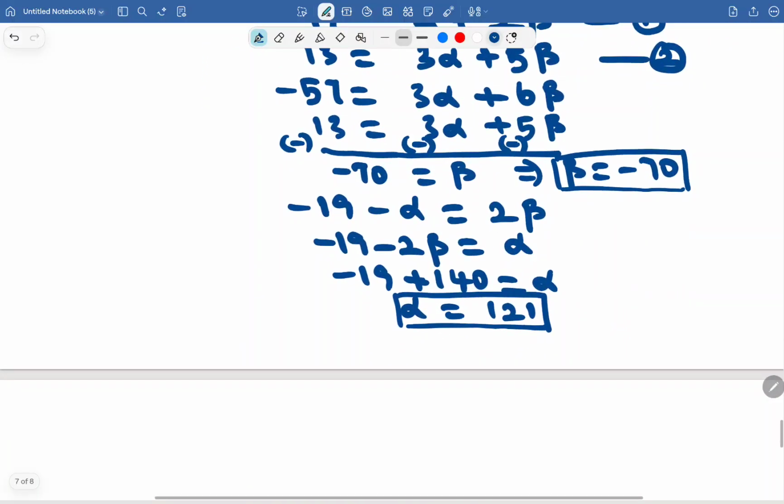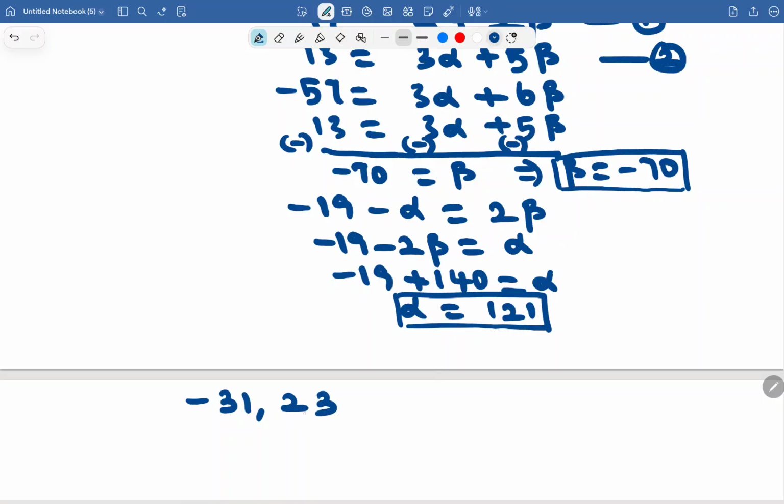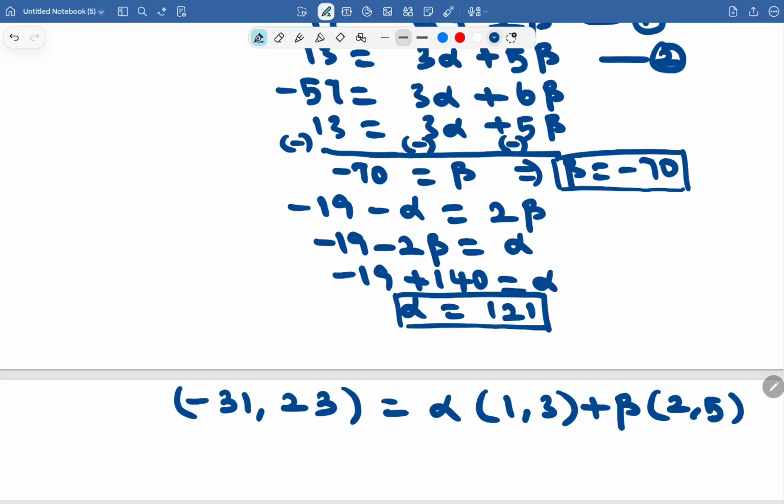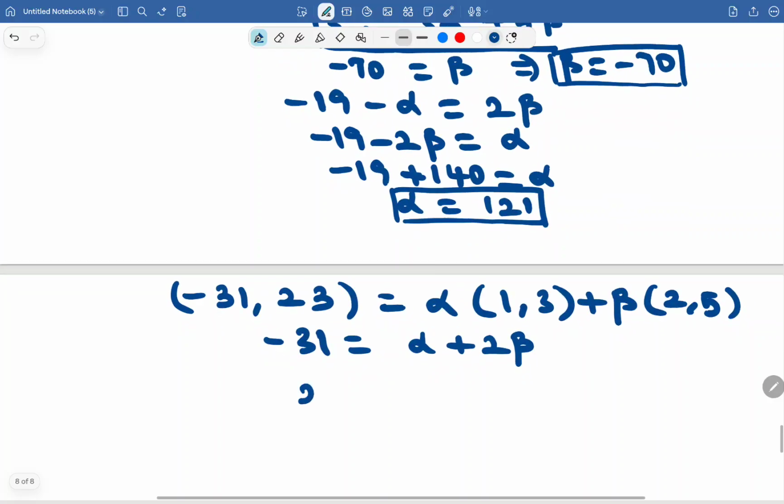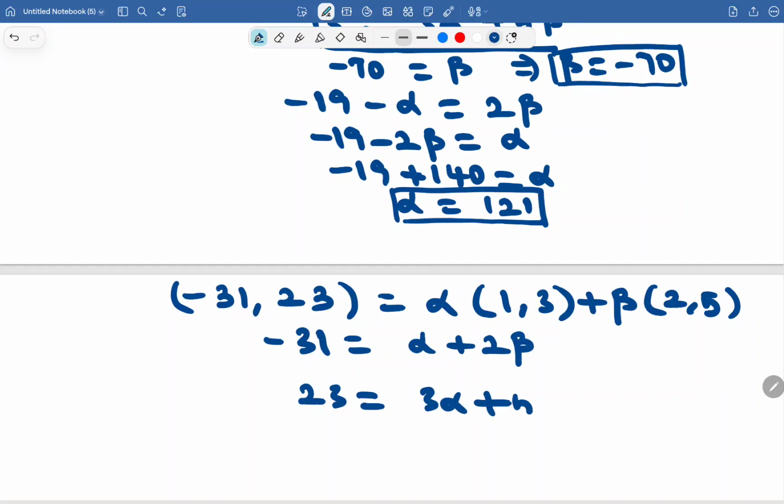Similarly, write (-31, 23) as a linear combination of alpha times (1, 3) and beta times (2, 5). So -31 equals alpha plus 2 beta, and 23 equals 3 alpha plus 5 beta.